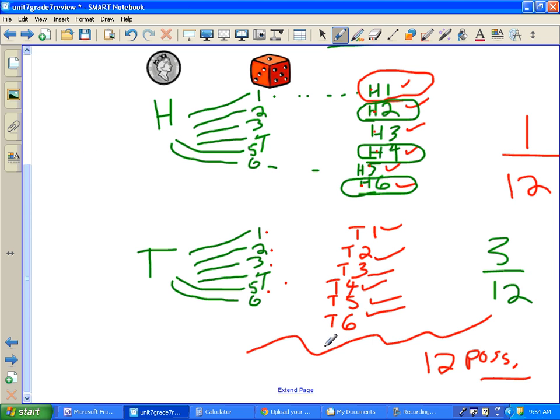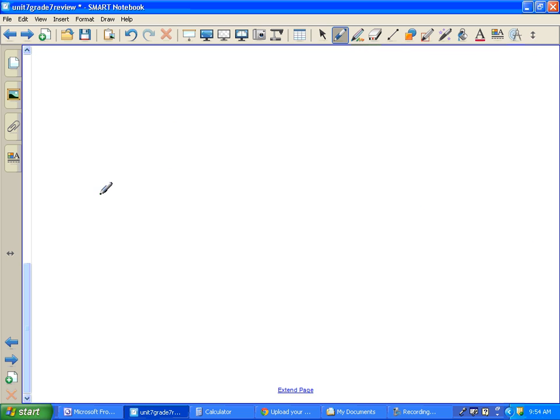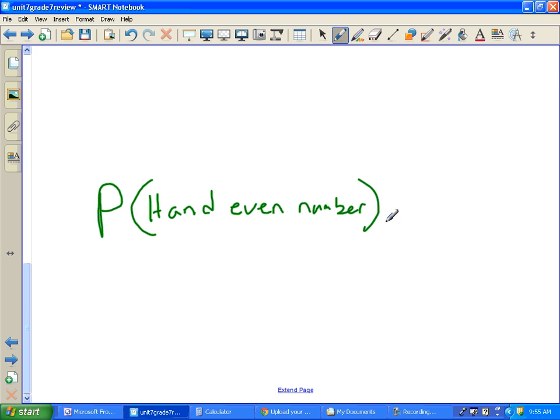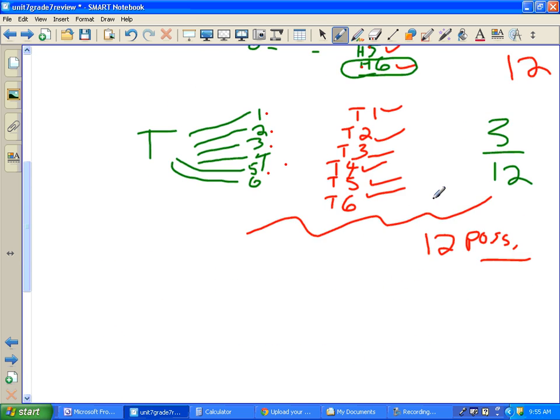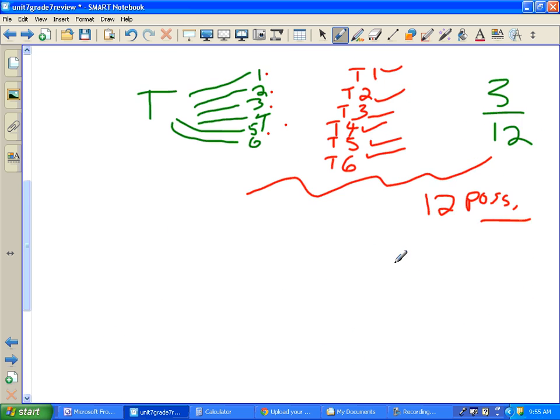Usually when you write your probabilities, you need to write in a format like this: P for probability, and then, if it's a head and an even number, your bracket at the end, and you put an equal sign. What did we say for head and an even number? I believe it was 3 out of 12.